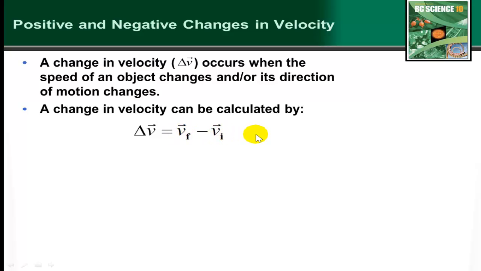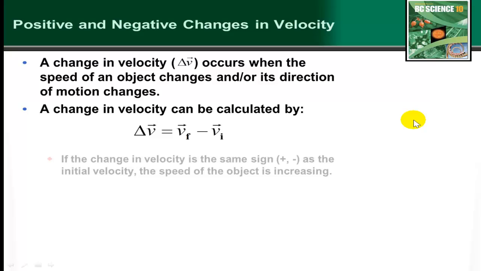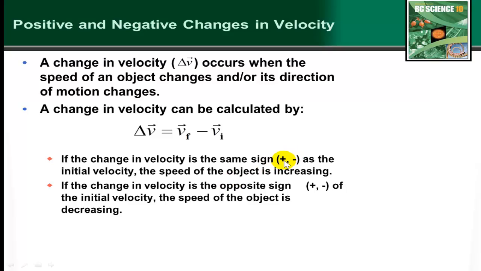So they specify direction. Direction is really important because direction is one of the things that characterizes a change in velocity. So if the change in velocity is the same sign as the initial velocity, plus or minus, then the speed of the object is increasing. So it could be going backwards, it could be going forwards, but if the change is in that same direction, plus or minus, we say it's positive.